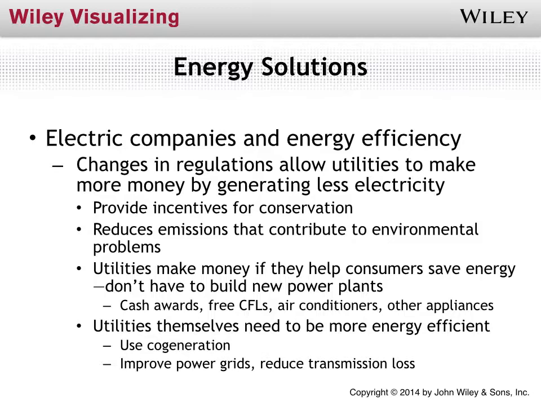Basically, they're discouraged from building new power plants because you can be more efficient. Again, there are cash awards, free compact fluorescent light bulbs, or even free appliances or huge rebates on energy efficient appliances, so that these utility companies, again, the more efficient they become, the more they benefit from it, and the less energy that's being wasted, which means less pollution, basically.